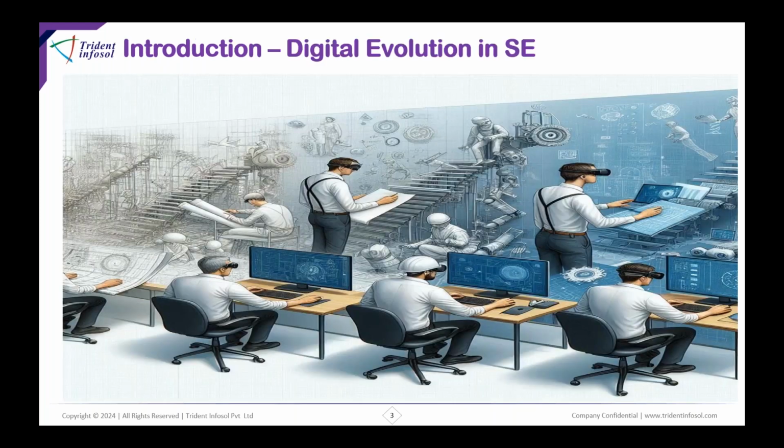So then let me start with the introduction on digital evolution in system engineering. As we all know, system engineering makes sure that the elements of the system work together to achieve the objectives of the whole system. So this requires system engineering to deal with complexity and risk by integrating across various systems elements, disciplines, and the life cycle.